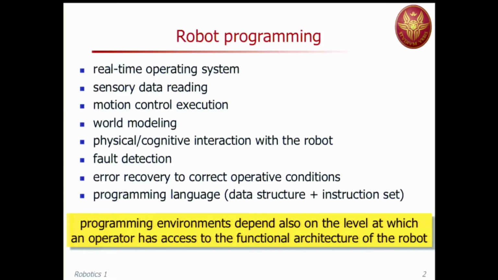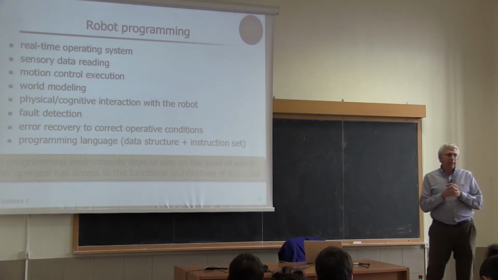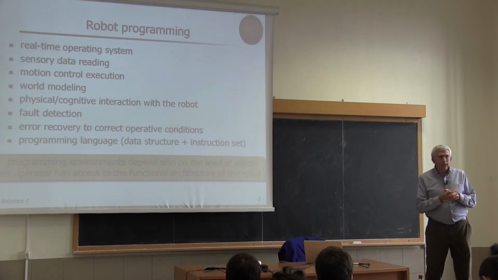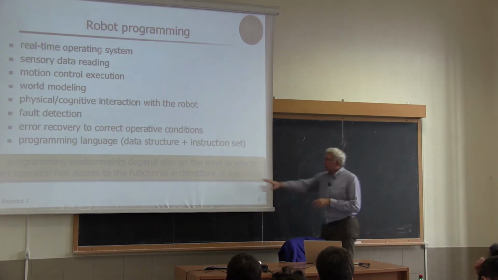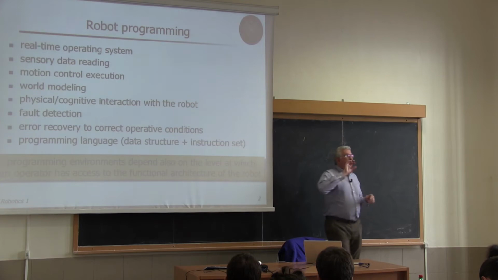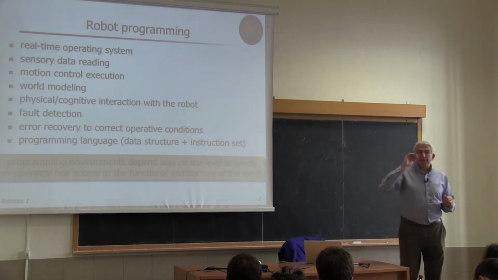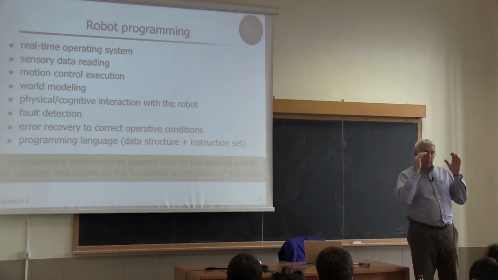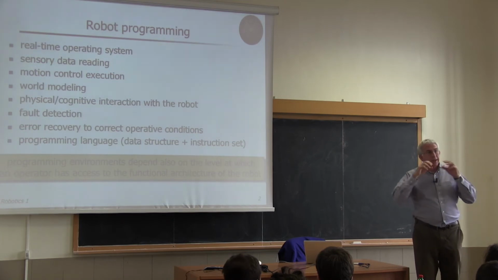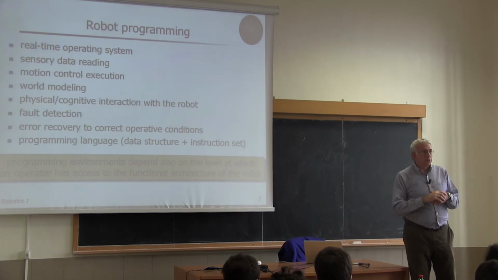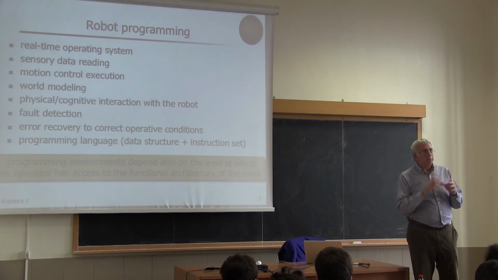There's a warning here, which will be clear later on, namely that the environment in which you program a robot depends also on the level at which you can interact with the various functionality of the robot itself. And when I talk about functional architecture, I mean what kind of task or device or robot level you want to enter and command.